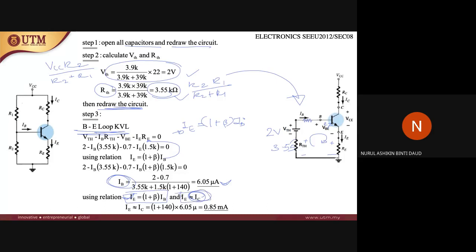Don't forget to write this information. Sometimes some of you want to skip the step. When you get the value of IE, you straight away mention that the value of IC is 0.85 milliamps without mentioning that IE is approximately IC. Then you are going to lose 1 mark here.